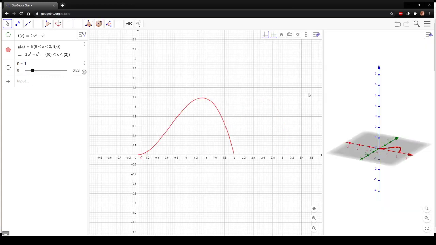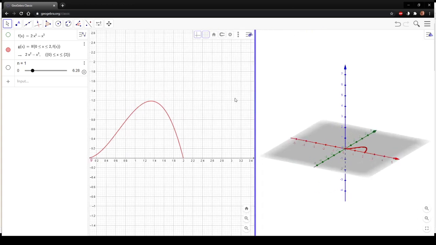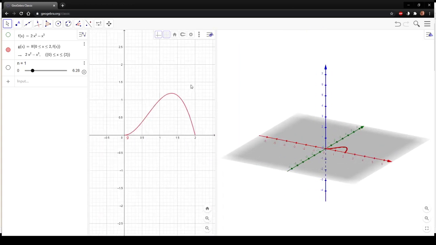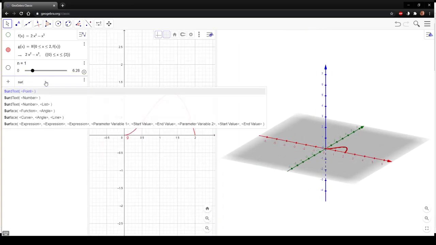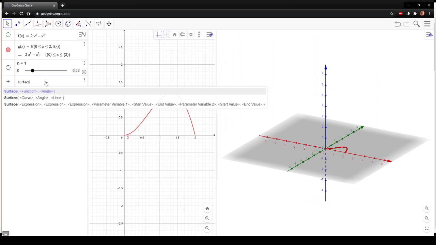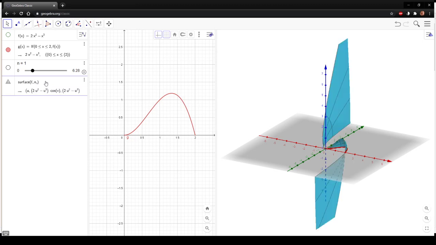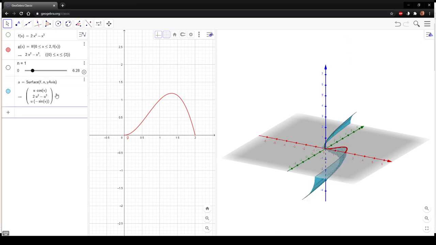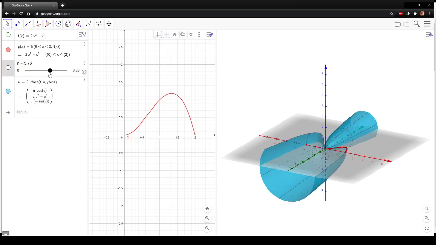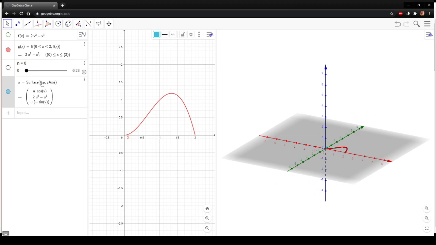So bring up the 3D view. Rotate this about the y-axis. Oh, whoops. I'm sorry. Not F, G, because G is what we're calling the bit that we're interested in.